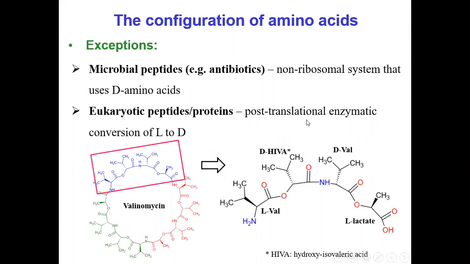And therefore, all proteins and peptides constructed in eukaryotes are constructed with L amino acids. But after the proteins or peptides are constructed, in some cases, certain enzymes can change some amino acids from an L configuration to a D configuration. This is called post-translational modification because it happens after the protein is translated, after it is formed.